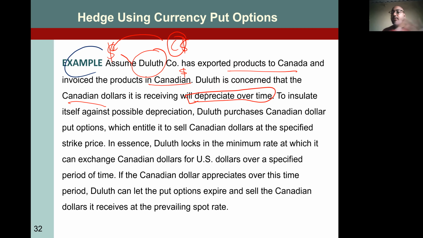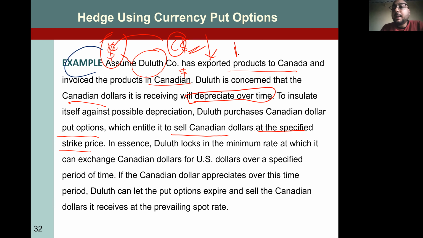So the exports normally occur between 15 to 60 days. So after 15 days or after 60 days, they receive this money. They are worried that maybe the value of the Canadian dollar will go down and they will receive less of their home currency. So they enter into a put option contract which entitles them to sell the Canadian dollar at a specified strike price.